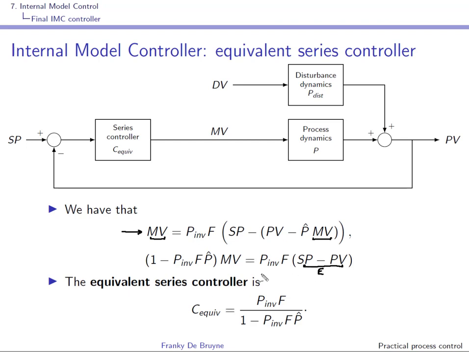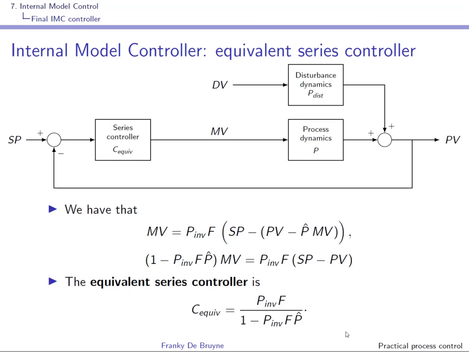So we can see here that MV is really this equivalent series controller acting on the control error. So we have been able to rewrite this internal model controller as an equivalent series controller.